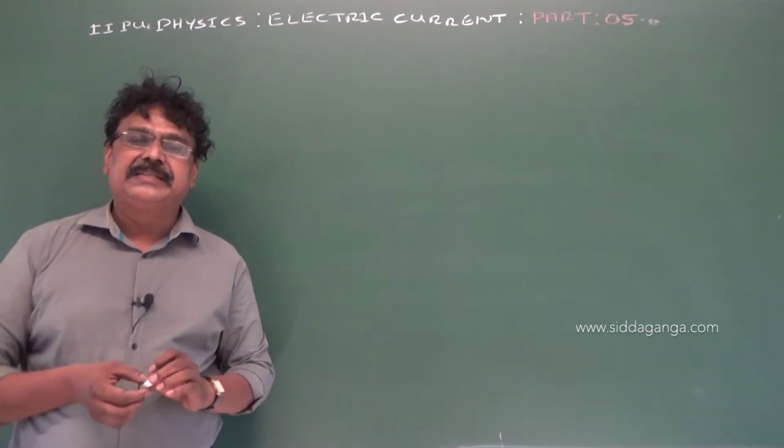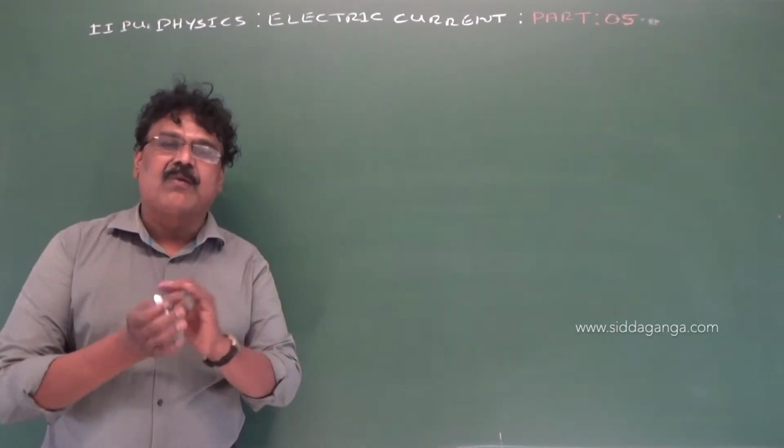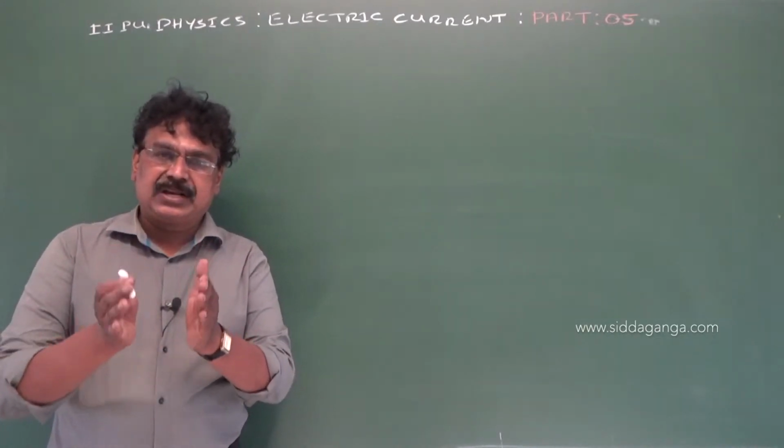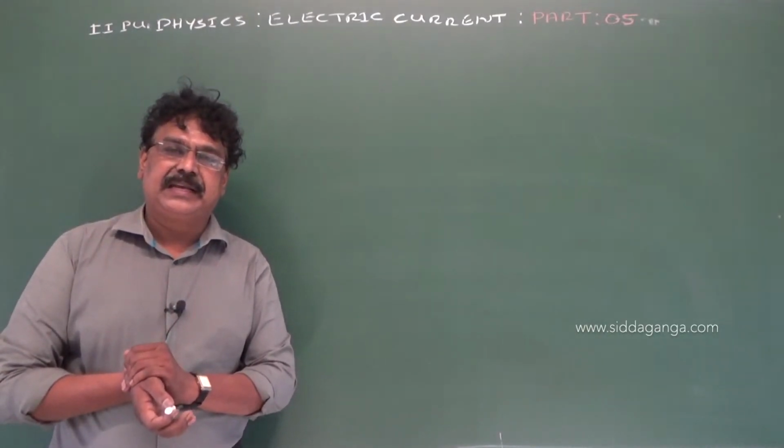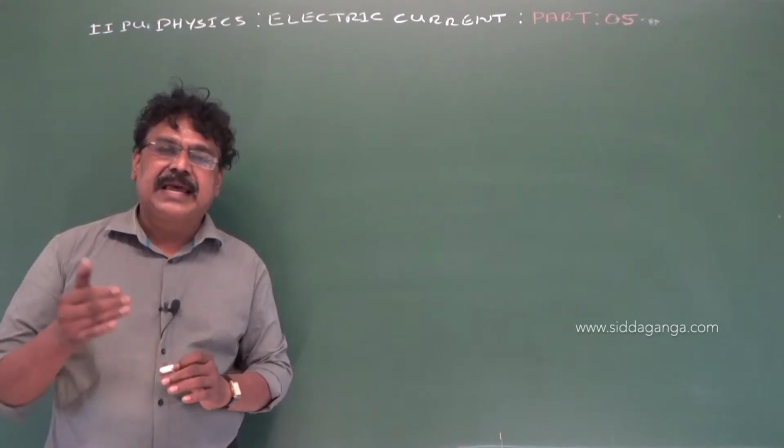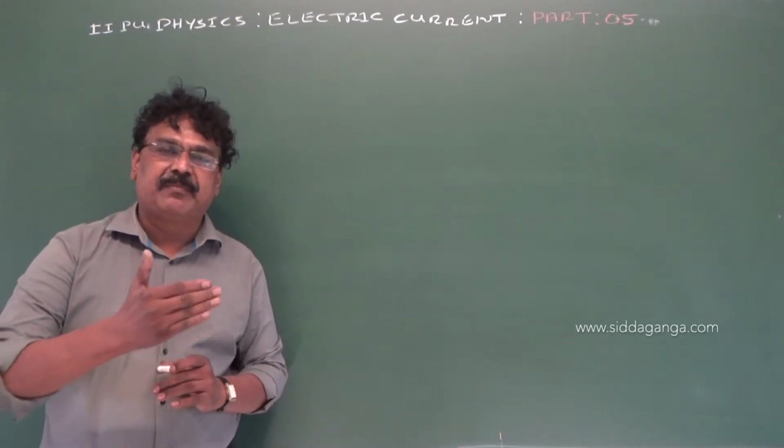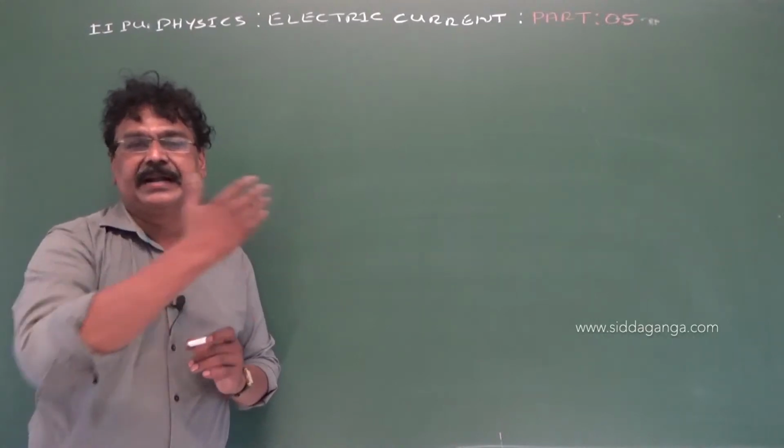This current density is a vector quantity. The direction of current density is the same as the direction of flow of positive charges in the conductor.